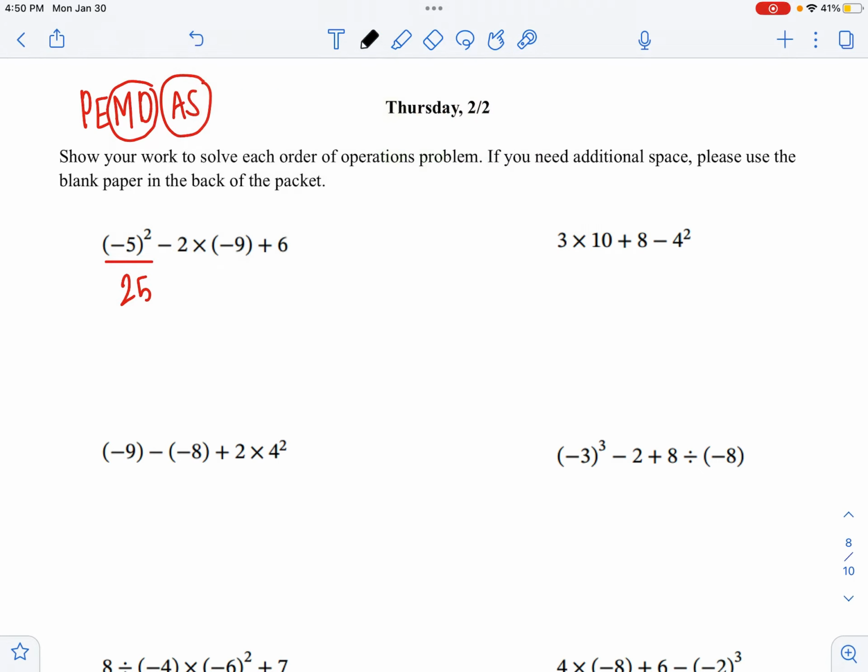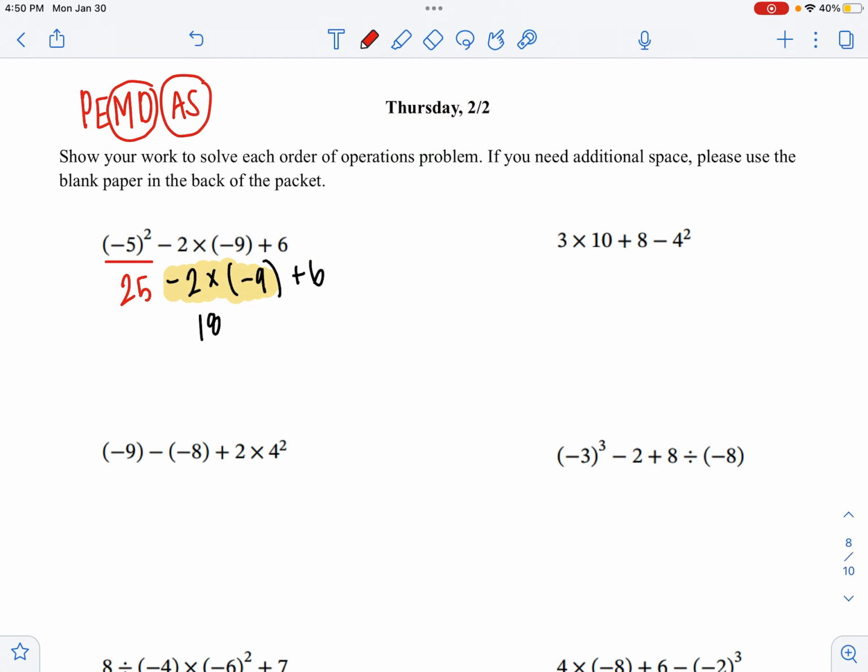Once I do my exponent, I'm going to go ahead and rewrite the rest of my problem. And my next step will be multiplication. So here, my multiplication is actually -2 times -9, which again, you can use a calculator for these. It's not a problem. We haven't talked too much about operations with negatives, but you'll end up with 18.